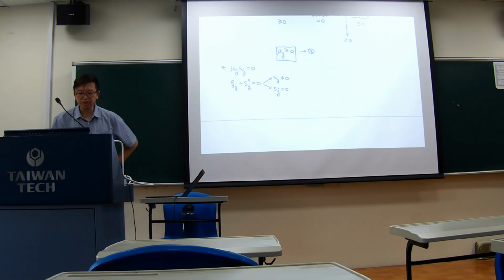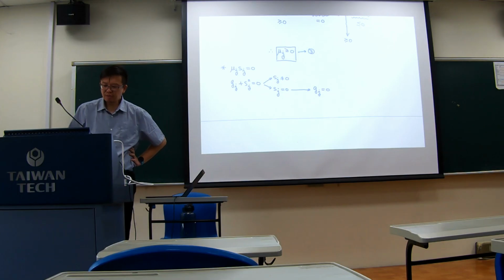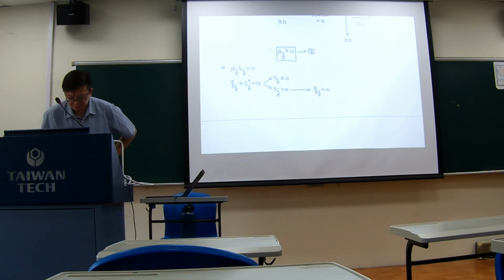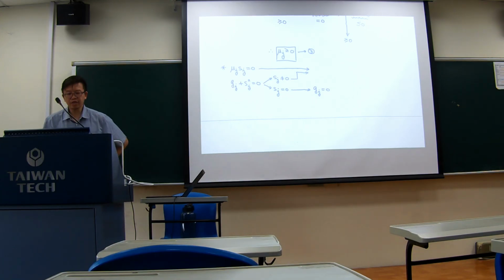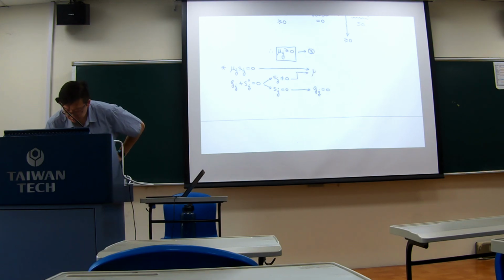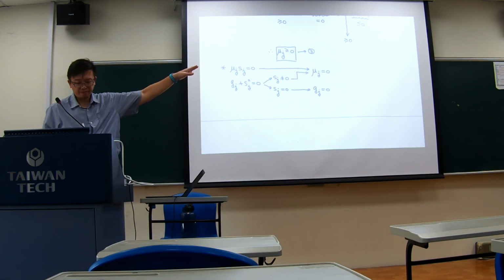So when sj is zero, the only possible case is that your gj must be zero. But when sj is not zero, then your mu j has to be zero. So mu j sj equals zero.